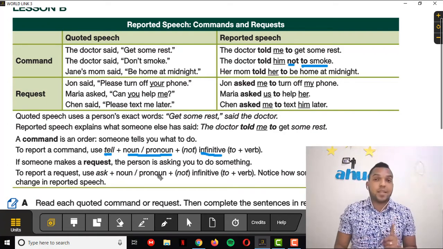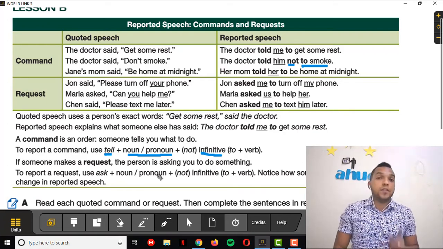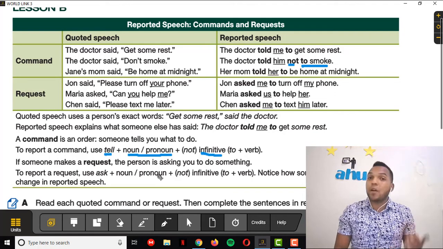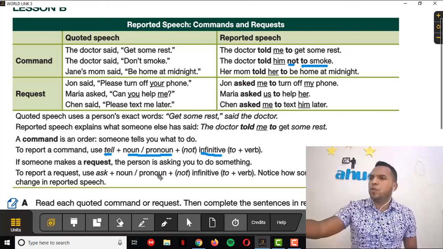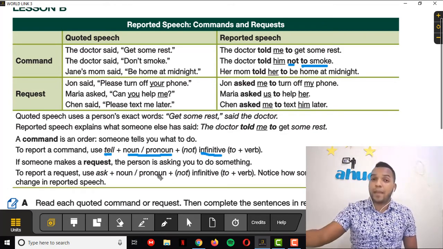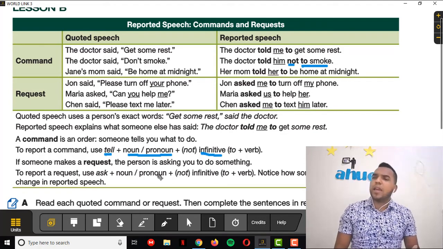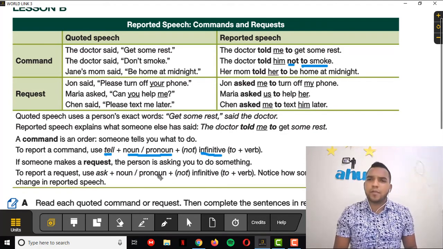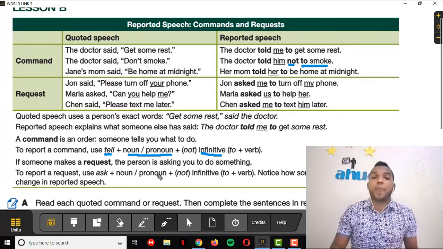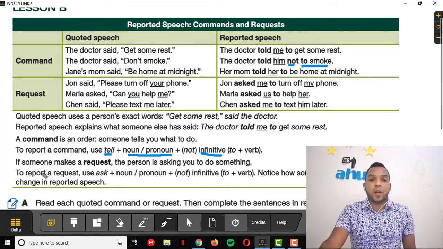It's not the same if I say as a command, hey, go ahead and make your bed, as if I say, can you please make your bed? I am asking, not commanding you. So this is to report a request.